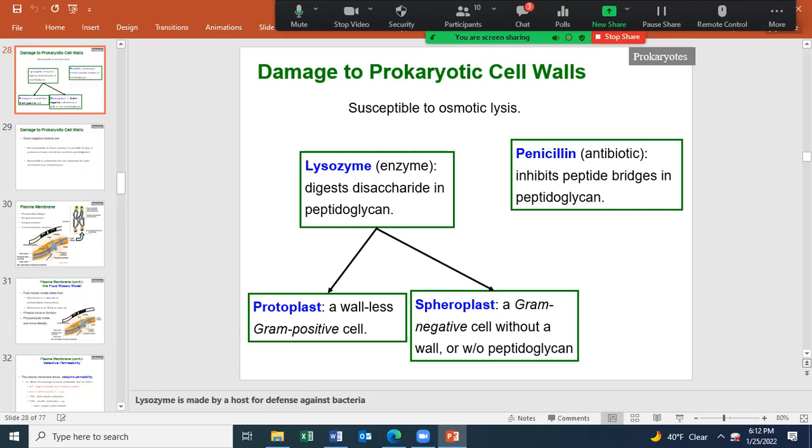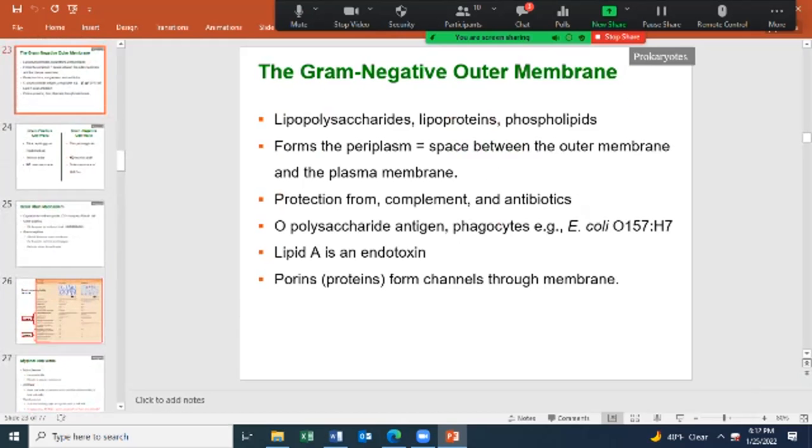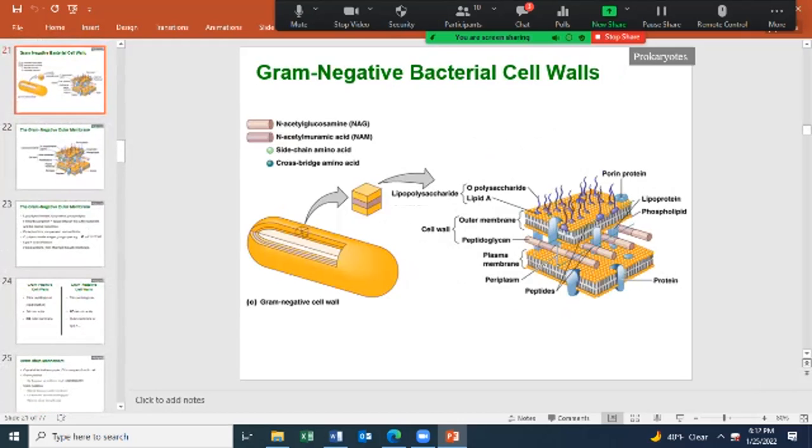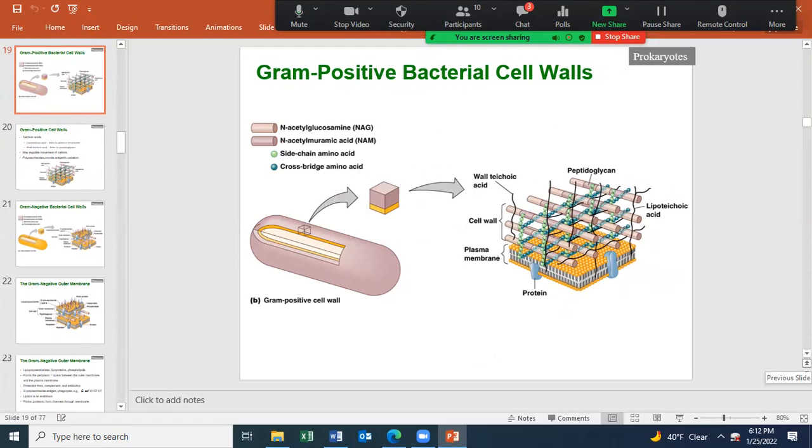They are gram-positive cells, but they're a little different. They are gram-positive like this, but in the cell wall, they have mycolic acid. And they have a fair amount of mycolic acid in the cell wall. And that gives those cells different properties.